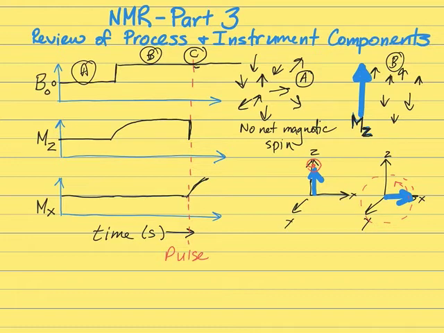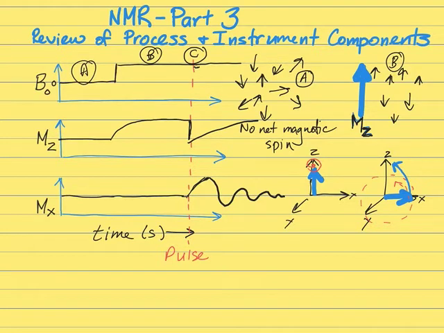And we only applied a pulse, so our arrow will gradually make its way back up to being lined up with the z-axis as it spins around. And so what we're going to see here is this signal around x is going to gradually decrease, and our signal around z is going to gradually increase back up.